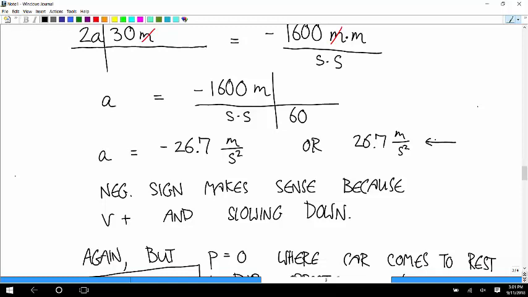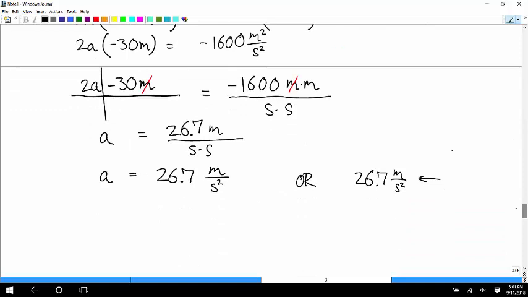And now think about it in terms of speeding up or slowing down. Does it make sense that we have a positive acceleration in this second time through? Yeah, because the second time through, our velocities were all negative. And if this thing's slowing down, which we can't control, that was given in the problem, it's slowing down until it stops. The acceleration and the velocity have to have opposite signs.